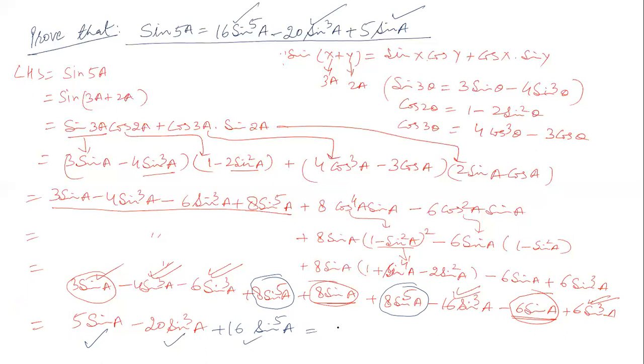We can write it in descending order of power of sin, that is 16 sin to the power 5a minus 20 sin cube a plus 5 sin a equals RHS.